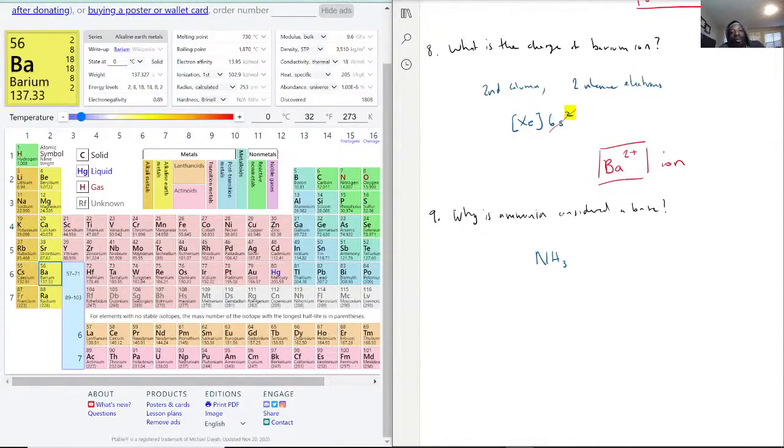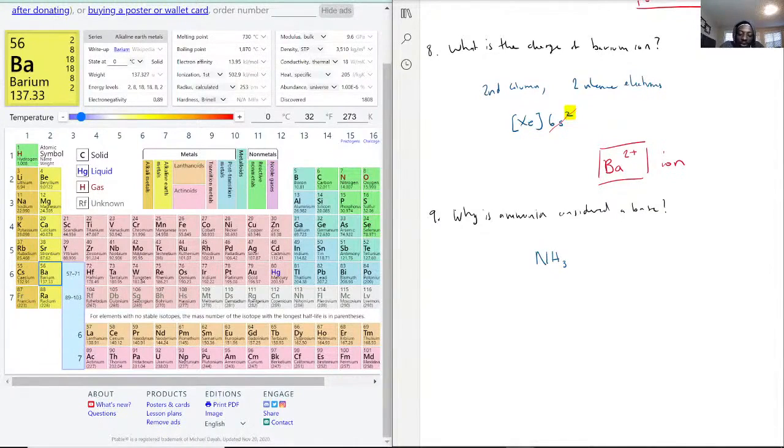Now to figure out why it's a base, we want to write it in its Lewis dot diagram, because that way we can see how it classifies as an acid or a base. But this question is supporting that it's most likely going to be a base, and I'll show you why.